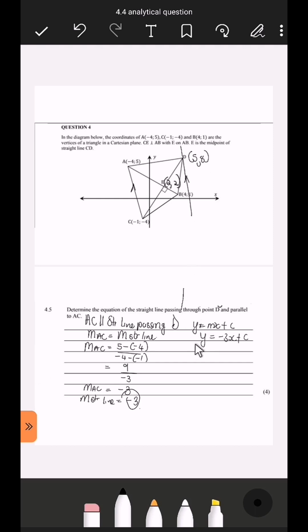So we're going to substitute in D, which is 5, 8. In the place of y, we're going to have 8, and in the place of x, we're going to have 5. That means c is equal to 23. And then our equation of the straight line will be y equals -3x plus 23.